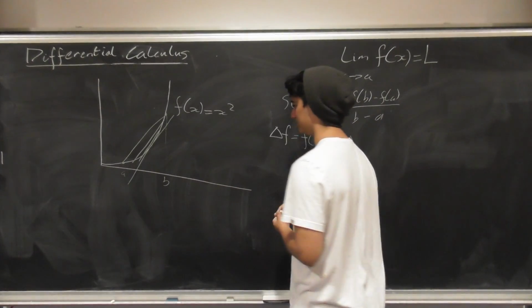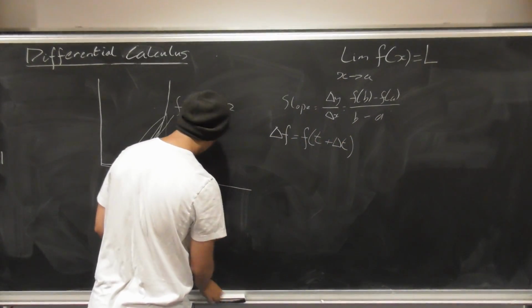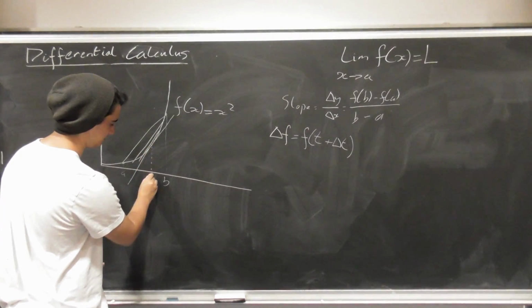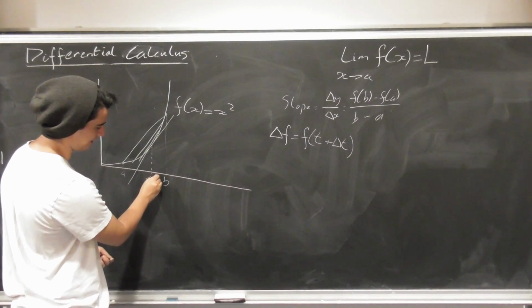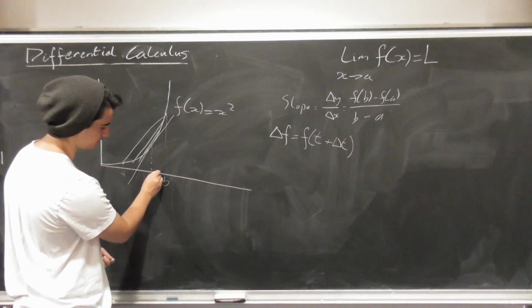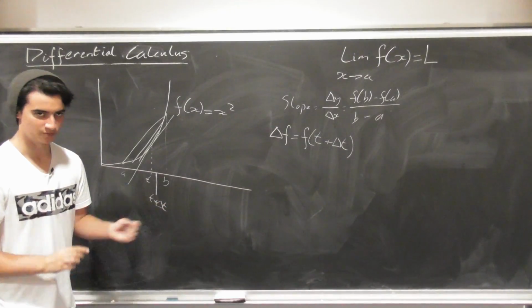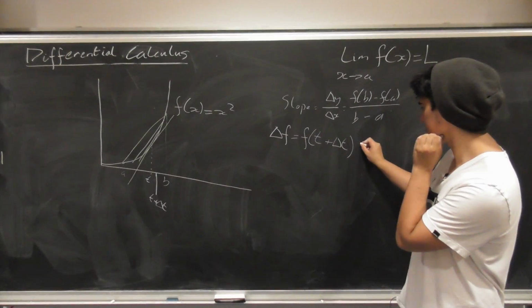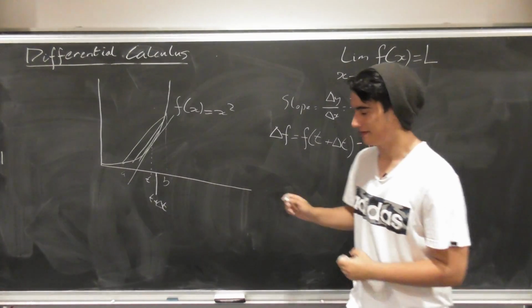Let's say we have it at this point t here, and then some delta t could be moved up a little bit. So that's here, t plus some delta t. Some number, it doesn't really matter. And we then subtract f of t off of this. And that gives us our change.